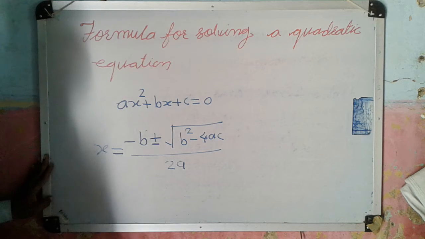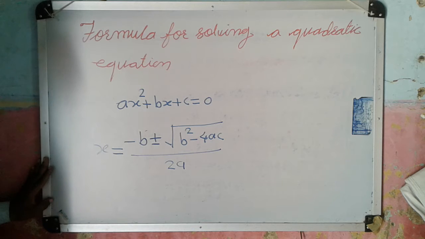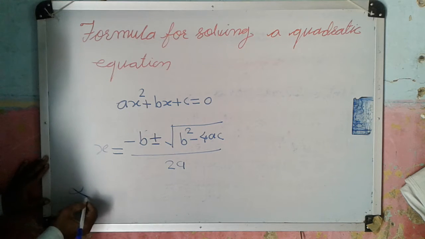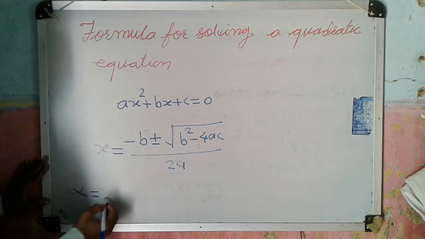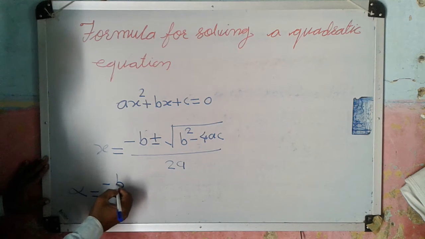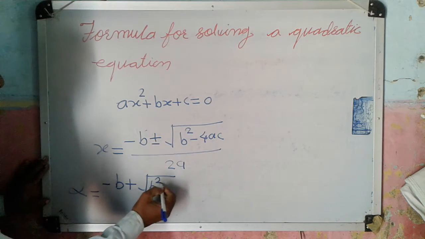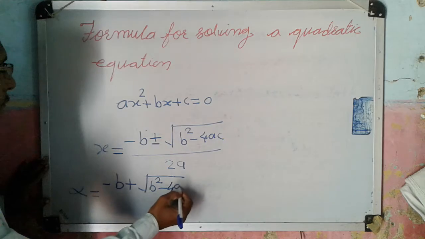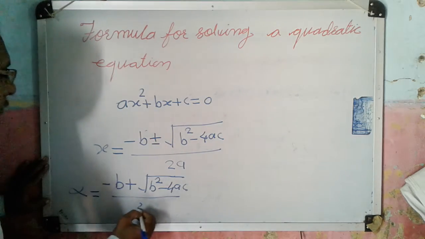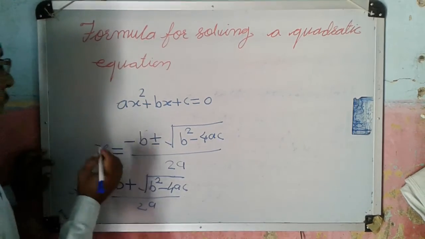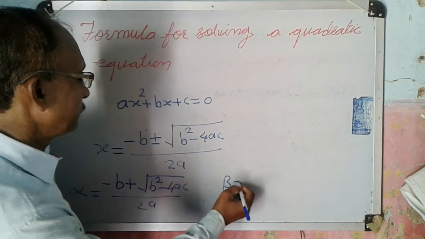One root by taking plus and one root by taking minus, and these two roots can be represented by alpha and beta. So one root can be represented by alpha. That means alpha is equal to minus b plus under root b square minus 4ac upon 2a, and the other root represented by beta.